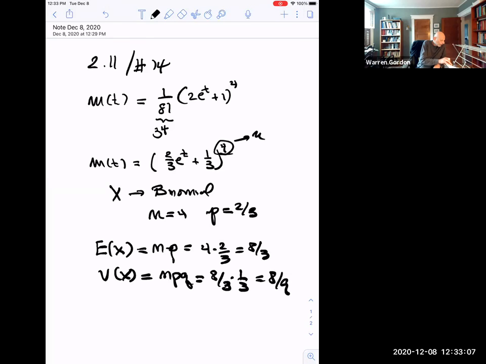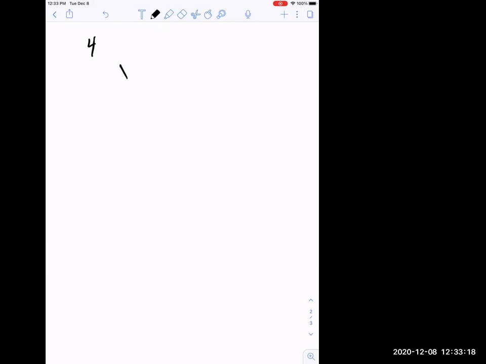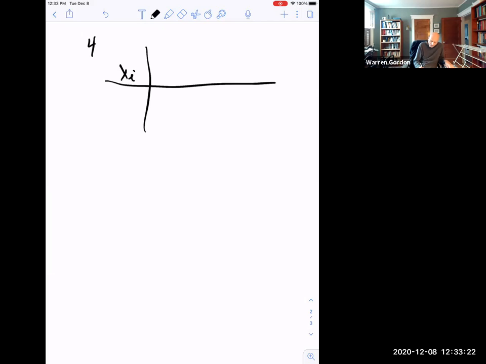Well, more important, what about a problem like number 4? That's an important problem as well. In number 4, you're given the probability mass function, in this case a distribution, 1, 2, 3, 4.